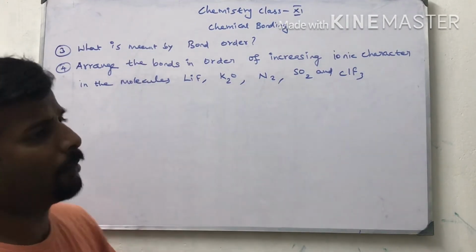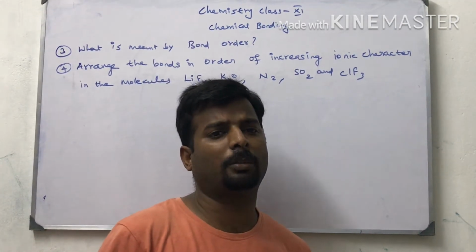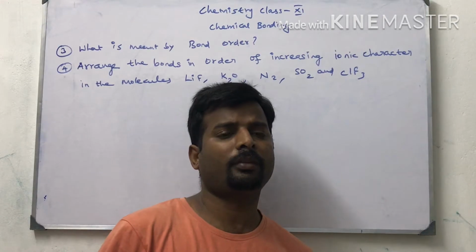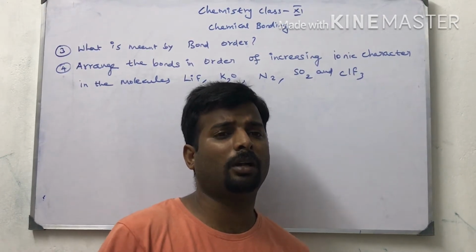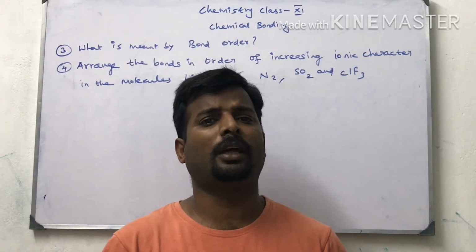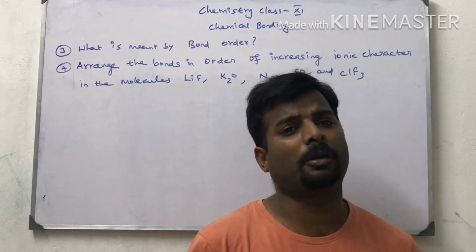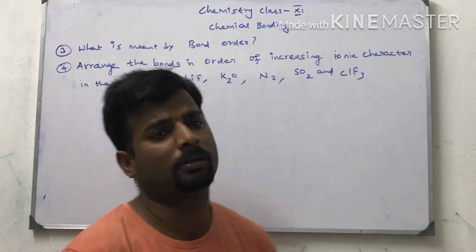Question: what is meant by bond order? It's a very important question. It is based on molecular orbital theory, which tells that bond order is defined as half of the difference between the number of electrons in the bonding molecular orbital and the number of electrons in the anti-bonding molecular orbital.